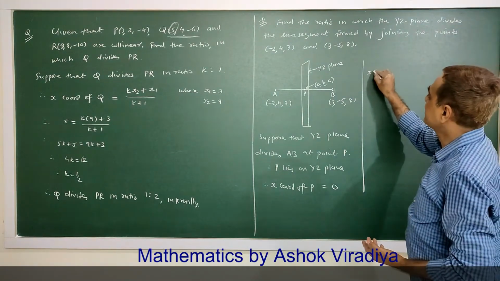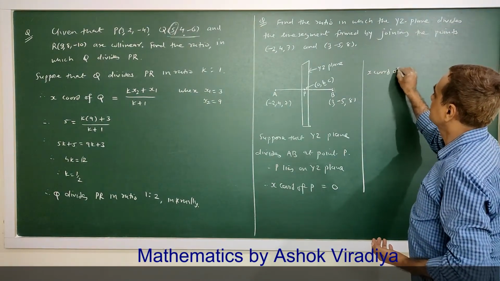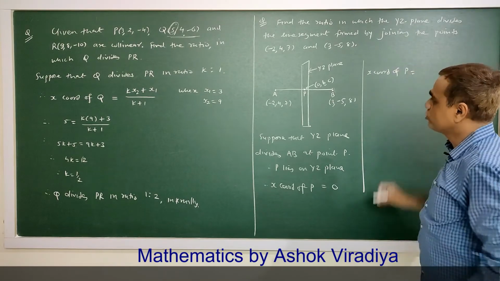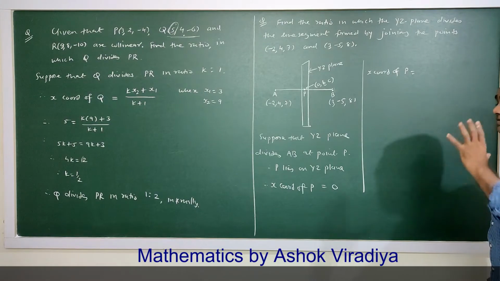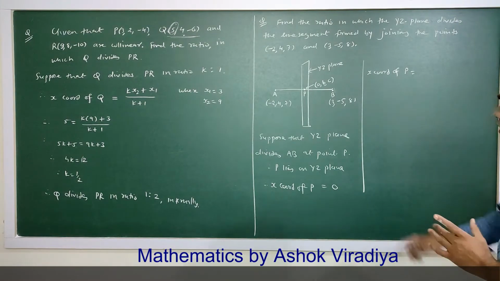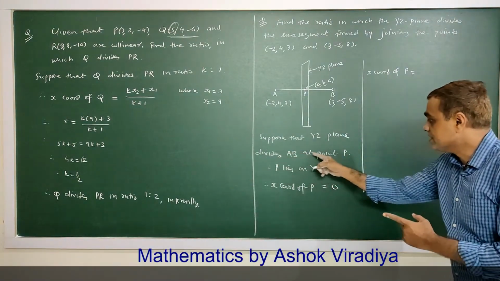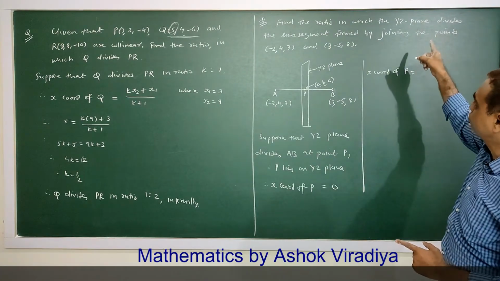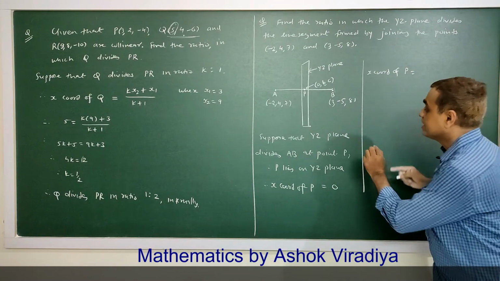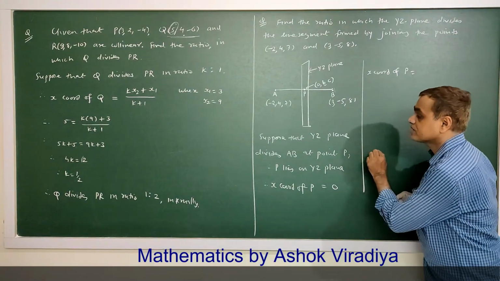So x coordinate of P equal to, now we suppose that YZ plane divides AB at point P. Because we are asked a ratio, we suppose in ratio k.